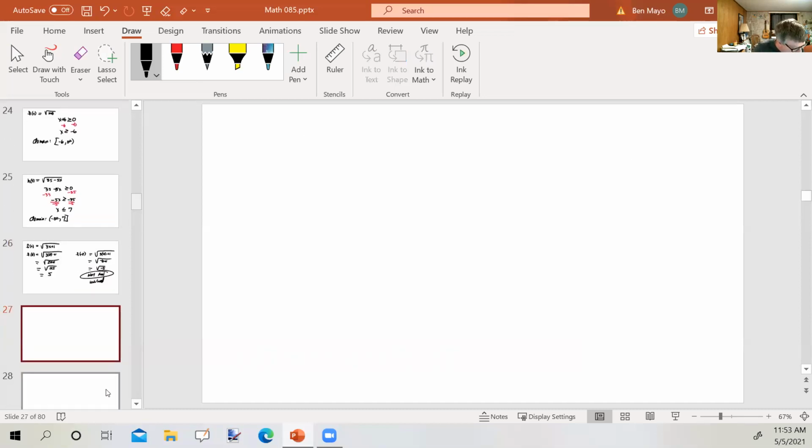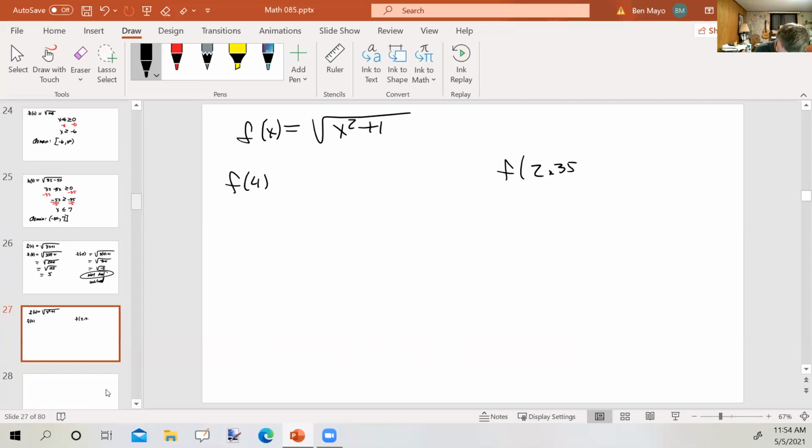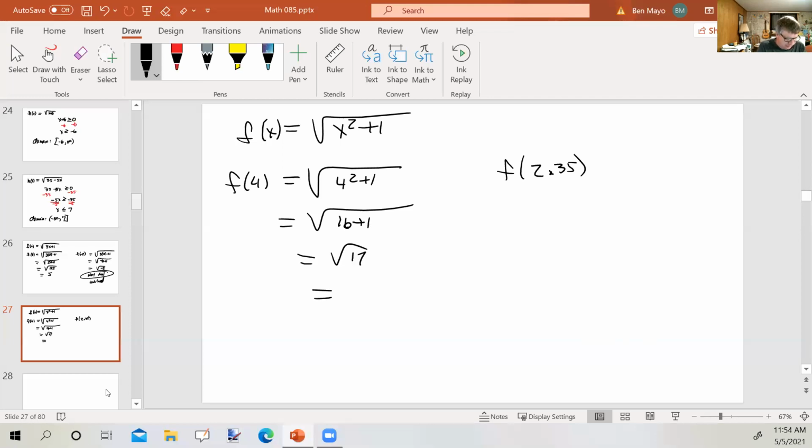Here it says, use a calculator to find each function value, round to the nearest 10,000th. So f of x equals the square root of the quantity x squared plus 1. We're to find f of 4 and f of 2.35. All right. So f of 4 is going to be the square root of 4 squared plus 1, which is the square root of 16 plus 1, which is the square root of 17.